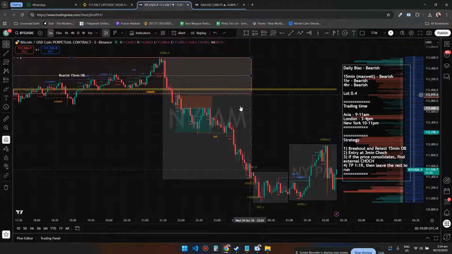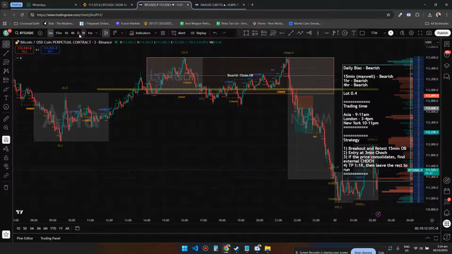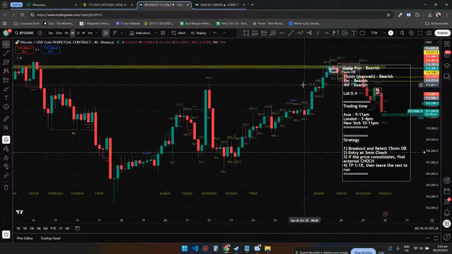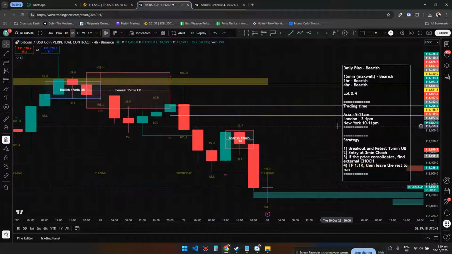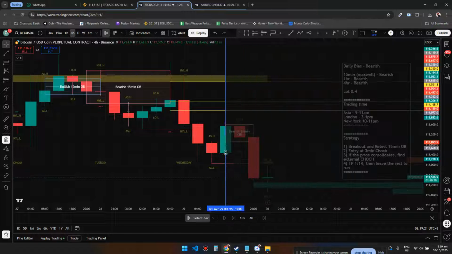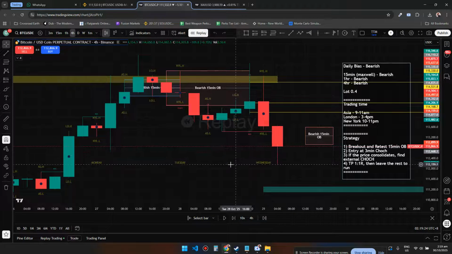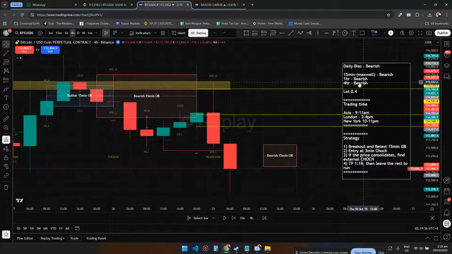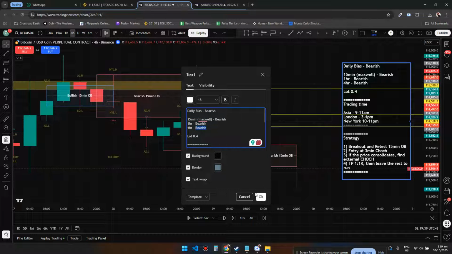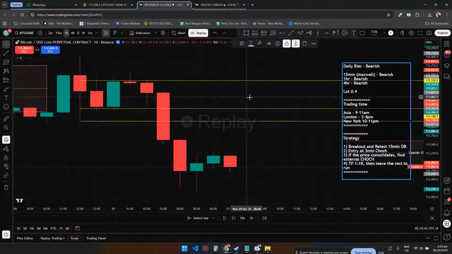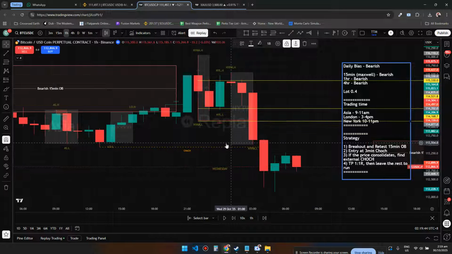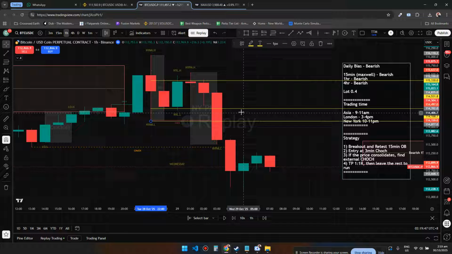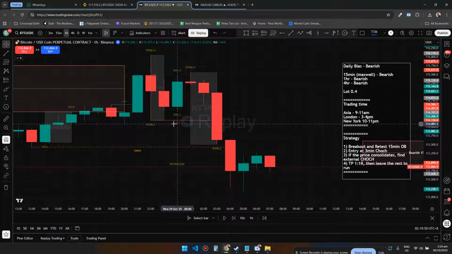And then I also made a trade on Bitcoin. So let's go ahead and look at the analysis for Bitcoin. If you can see here, from Wednesday onwards, there is this bearish break of structure. That's why here I put bearish, and then on the 1 hour there is also a bearish sign right here.